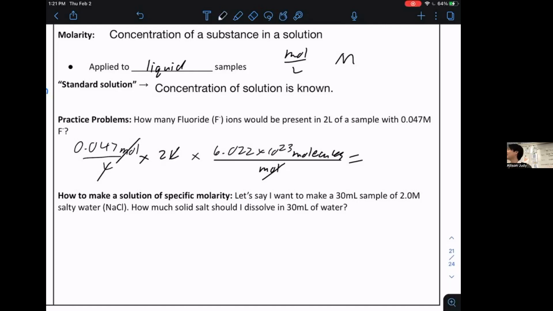And that gives us a number that is 5.61, so 6 times 10 to the 23.